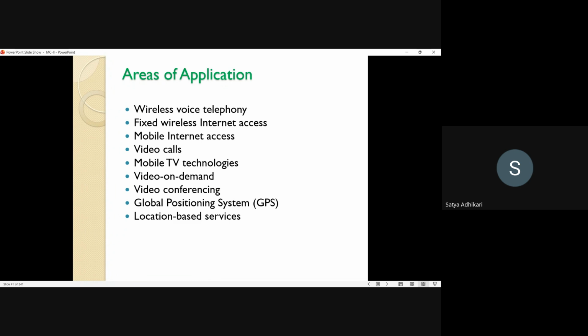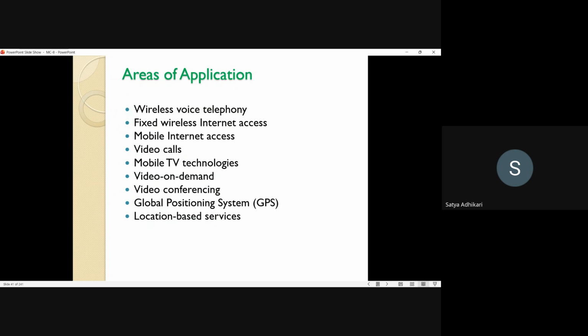Areas of some applications: wireless voice telephony, fixed wireless internet access, wireless access telephony, that is you can make any voice communication while you are moving. Mobile internet access, you can access the internet on your mobile phone.